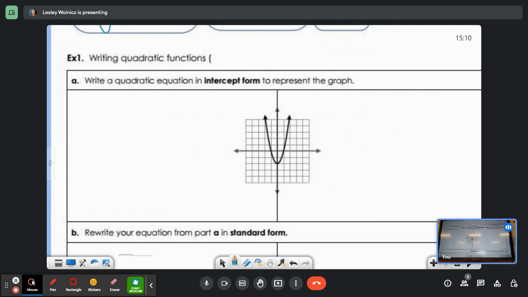All right, so we want to write quadratic functions. Does anybody remember from Unit 3, when we had to write it a million times, what the definition of a function is?